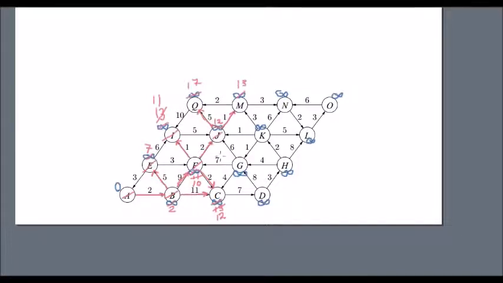So the new lowest is going to be 12 down here. We're going to follow the only thing we can, beat infinity by 19, and that's what we could do from this point. So we look at the new lowest, and that's 13.